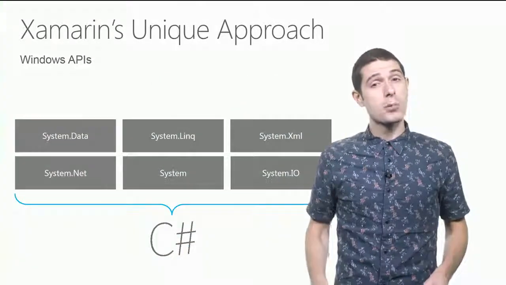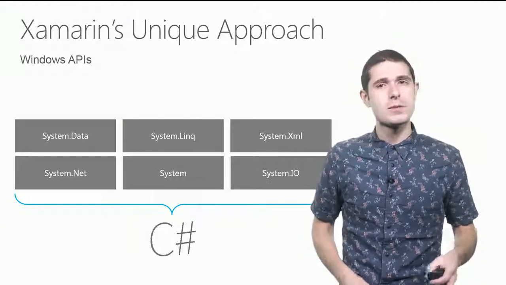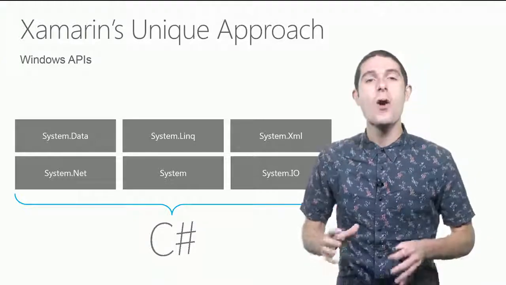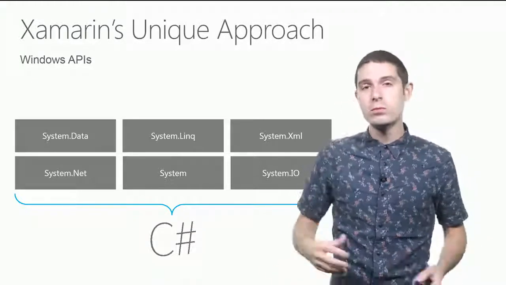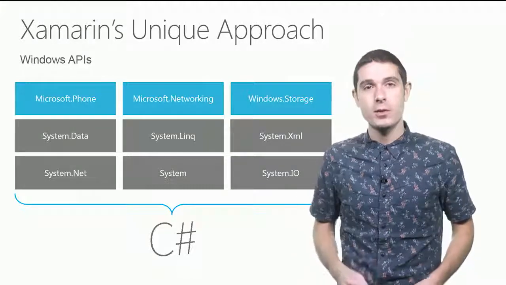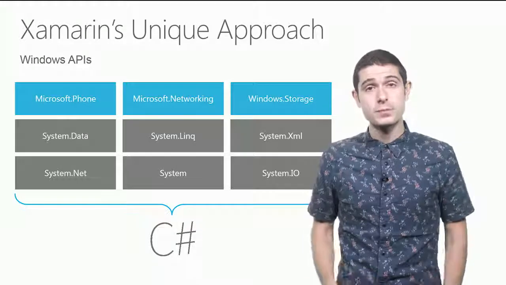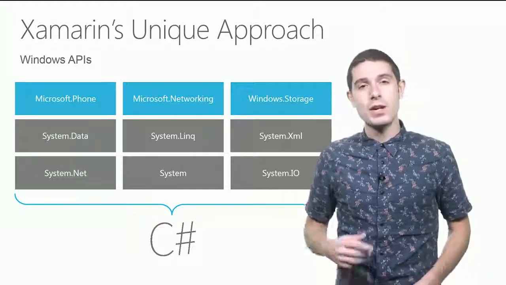Now, if you're a Windows developer today, the .NET libraries are going to look very familiar to you. System data, LINQ, XML, things that we know and love as .NET developers. And when you go to a new Windows platform, phone, store, desktop, you get some platform-specific APIs to mess around with, like phone or storage. And you can think of it the same when you use Xamarin to build out iOS and Android apps.